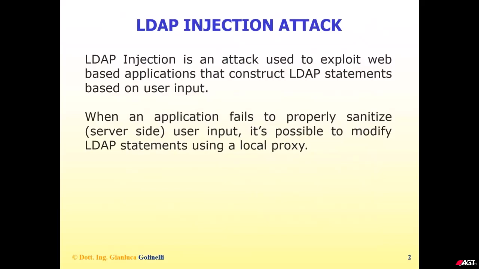To frame the possible scenario in which an LDAP injection attack can occur, it is necessary to refer to applications that explicitly request access, managed at the application level by the programmer, from an LDAP server to retrieve information for authentication or other information.